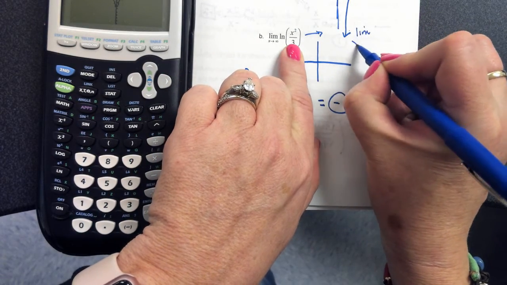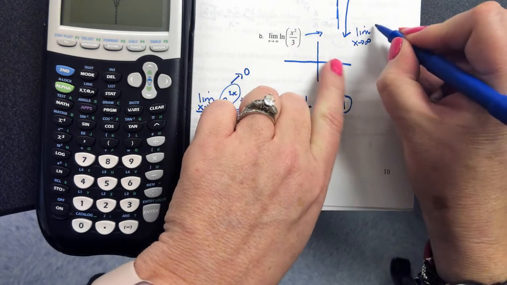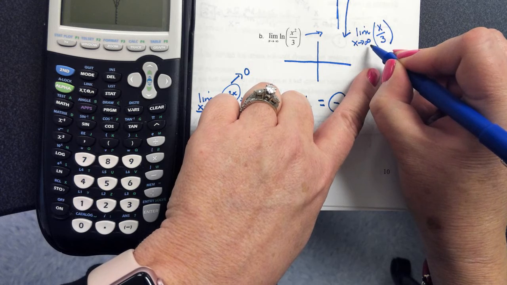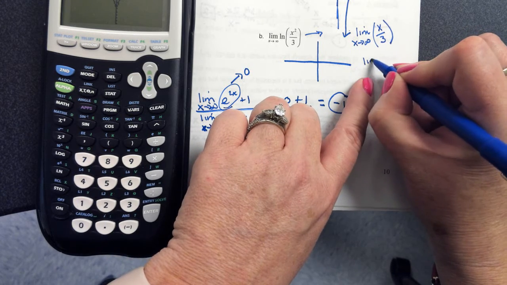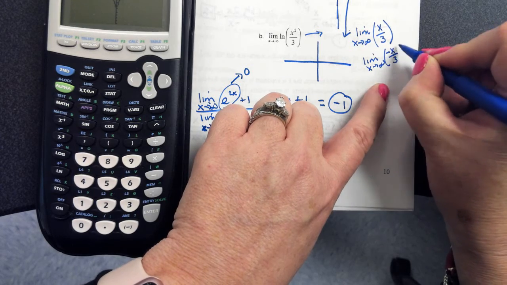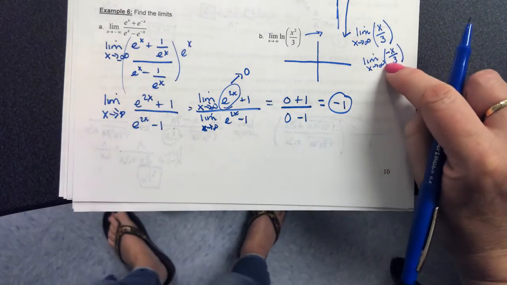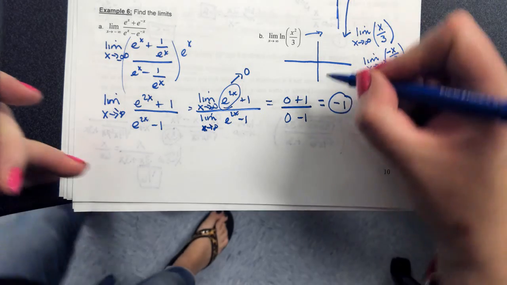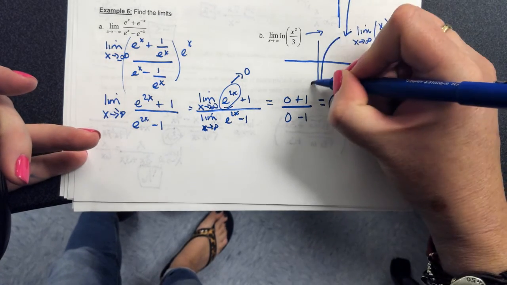What this graph is doing, you're looking at the graph of x over 3 as x goes to positive infinity, but on the left-hand side, you're looking at the limit as x goes to negative infinity of negative x over 3. What happens graphically when you have a negative coefficient of x? It's taking your original graph and reflecting it over the y-axis. So that's where this graph is coming from.